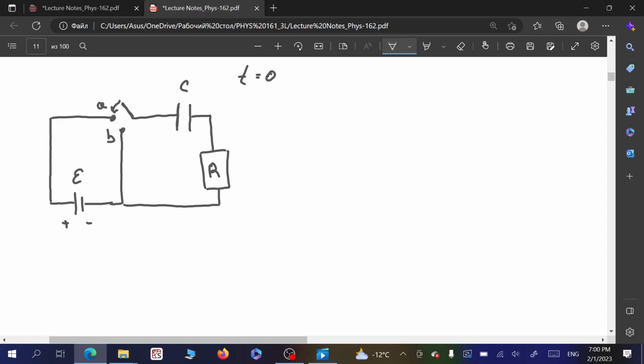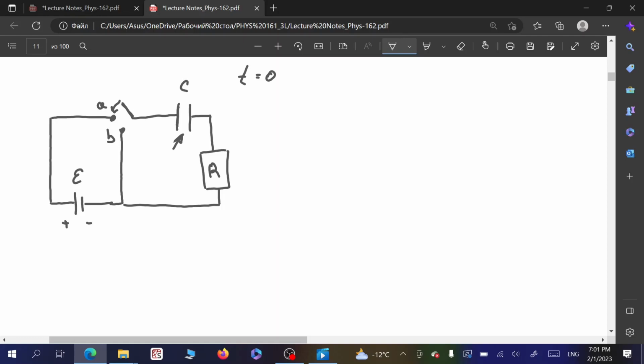So from first point of view, it looks like we don't have any current because there is a dielectric layer in between plates of the capacitor here. So we technically have an open circuit. Its resistance is equal to infinity.